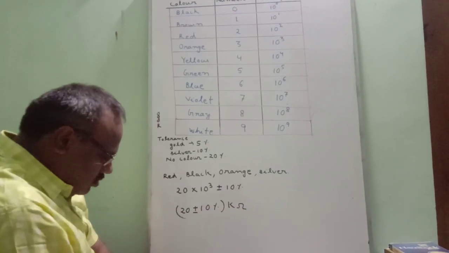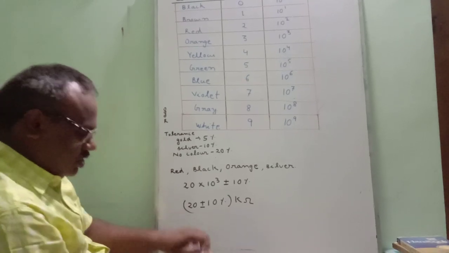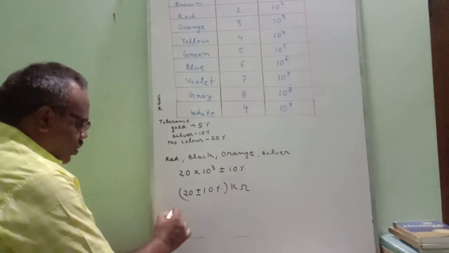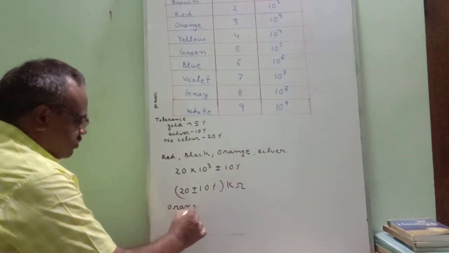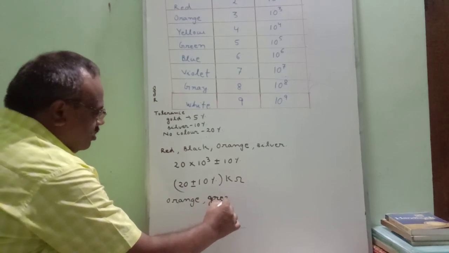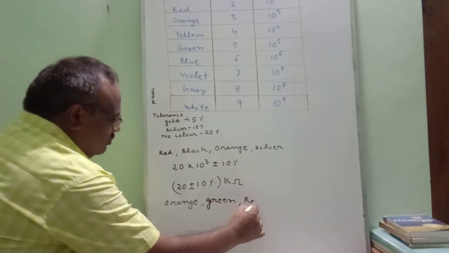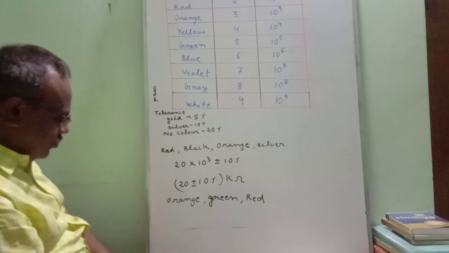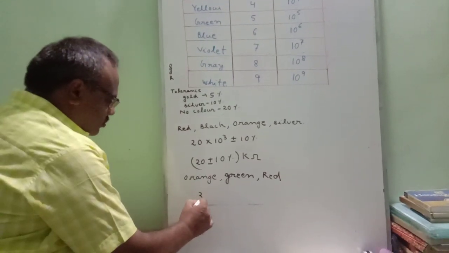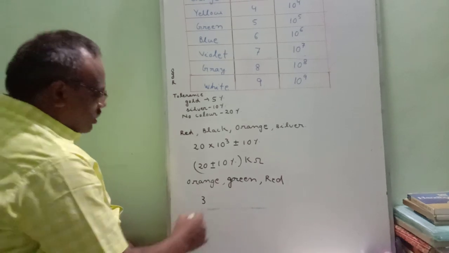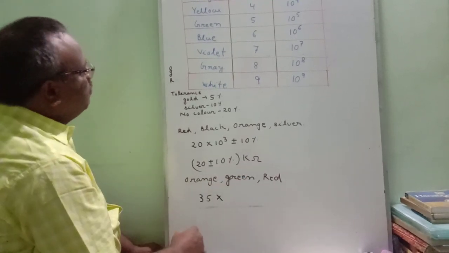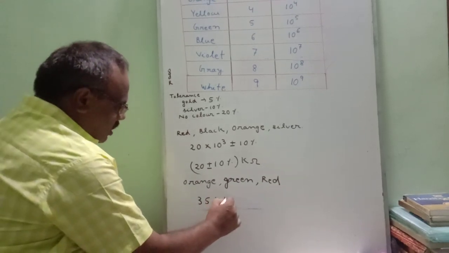This carbon resistor which I have shown you initially has three colors: orange, green and red. The orange is 3, green is 5, and the third color is the multiplier, it is red, so it is 10 to the power 2.